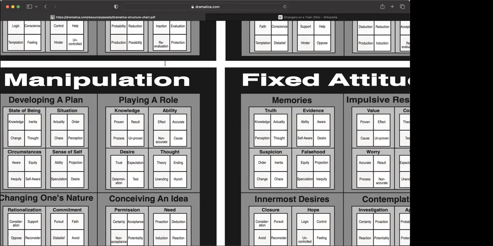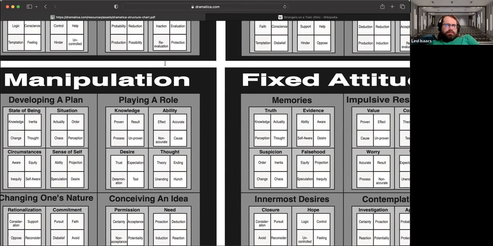So what are the other options that we're supposed to consider? I think pretty much all of them were kind of going around, all of them up in the developing a plan.